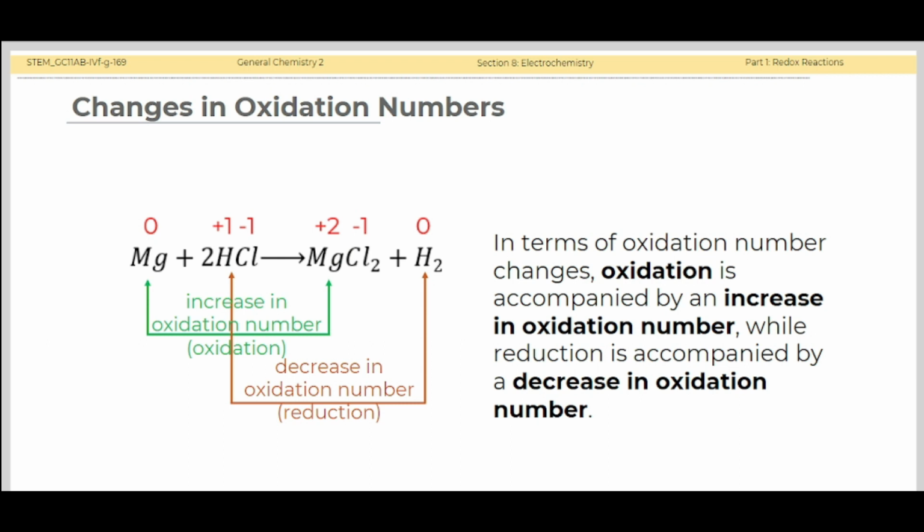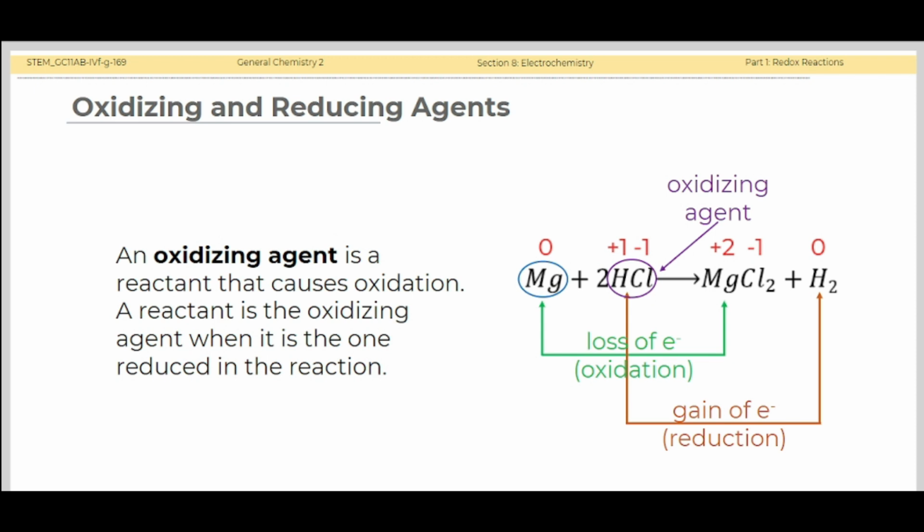In terms of oxidation number changes, oxidation is accompanied by an increase in oxidation number, while reduction is accompanied by a decrease in oxidation number. An oxidizing agent is a reactant that causes oxidation.